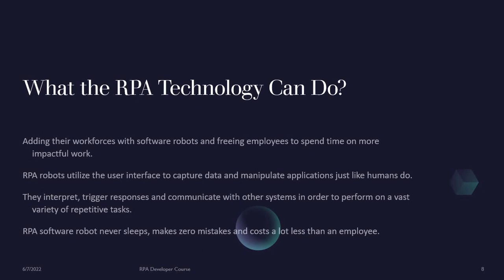Last point, robot generally will not take any rest, because unless you stop the code, robot will never stop. It will run on its own. It will do zero mistakes, because what you have coded, it will do only that. It will not take rest, or tell that I need a 5 minute break or something like that. And cost is also very less.